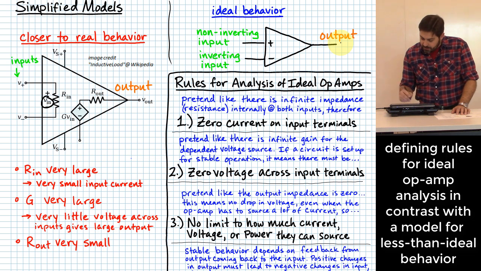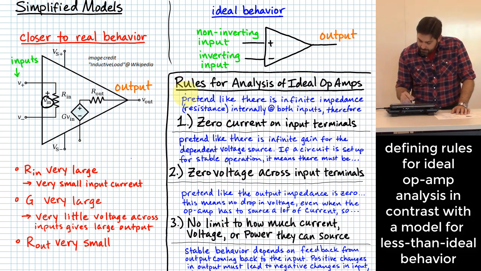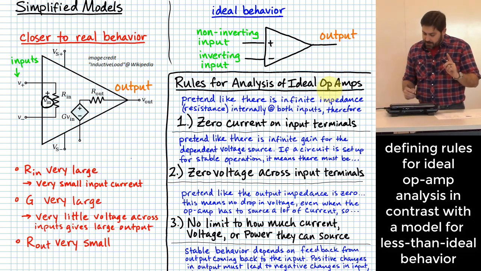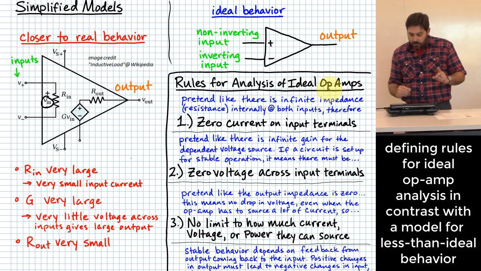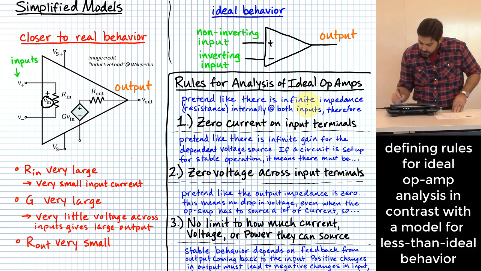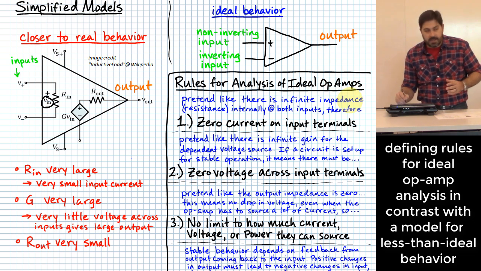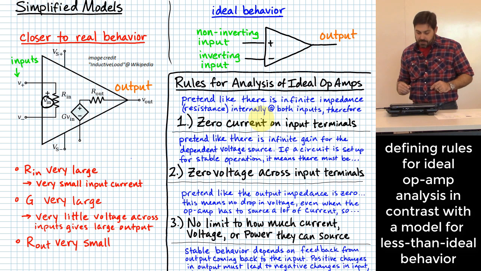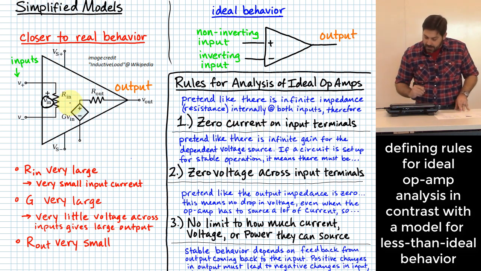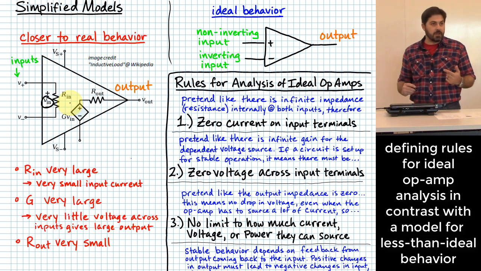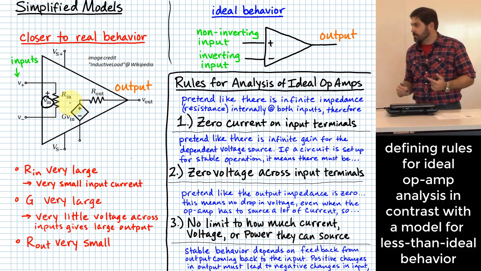And what I'm going to do down here is talk through these rules that we're going to use for ideal op-amps and being able to analyze them. Okay, first of all, we are going to pretend like it is possible to get an infinite impedance, that is resistance, internally at both of the input terminals. So essentially, it's like Rin is going infinite, and if we do that, how much current can flow on the input terminals?